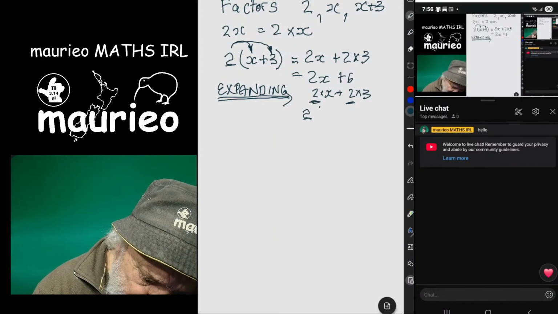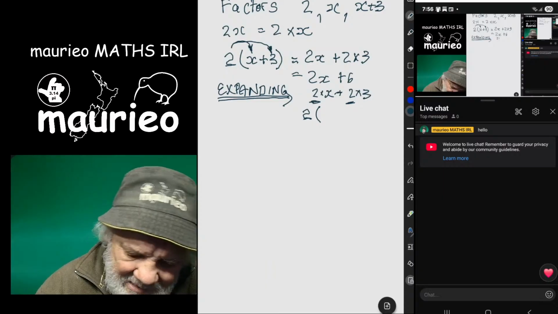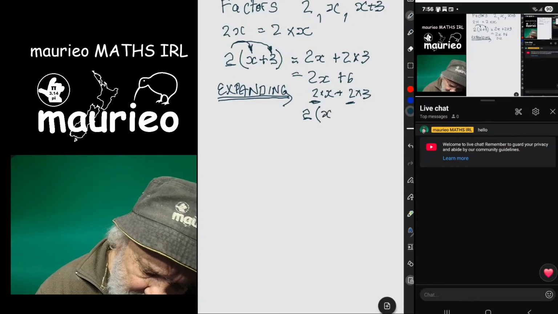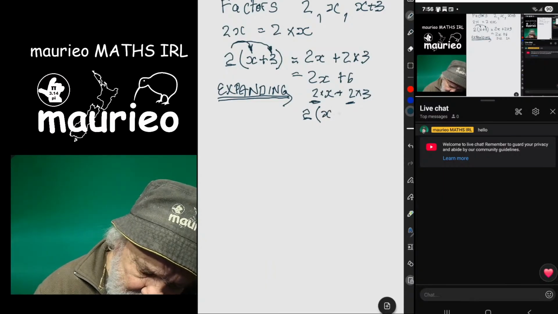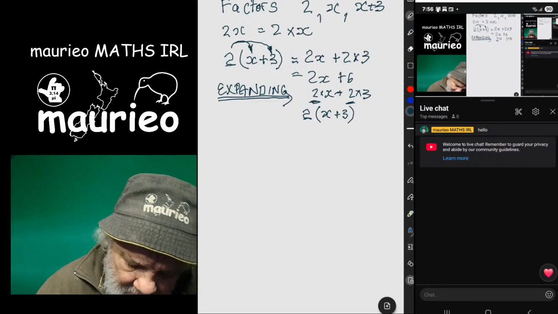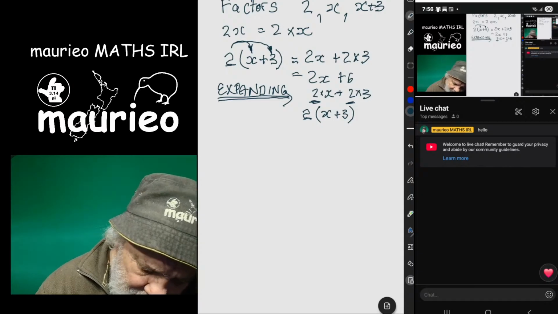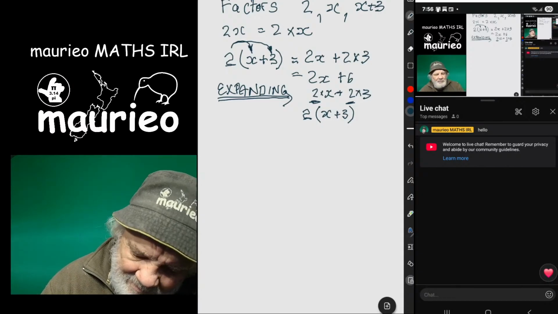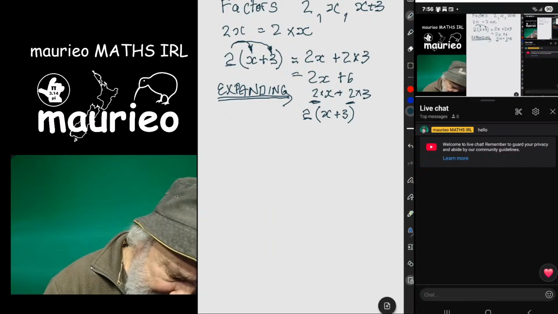So we leave the rest inside: 2 times x plus 3. That's called factorizing, and we can put that outside the bracket.